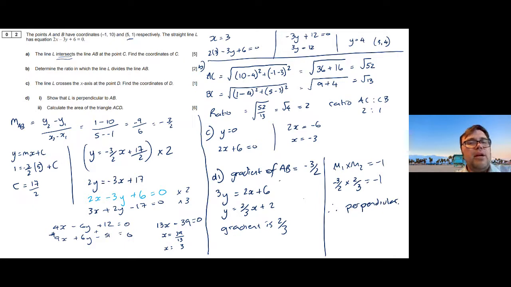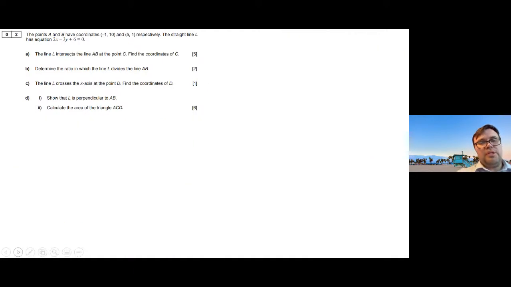And then calculate the area of the triangle ACD. So if we were to sketch said triangle, and that's what we'll have to do here, I don't really mind too much where the points are. It's just that I know that this point here is D, -1, 10 is up here, and I know C was 3, 4.